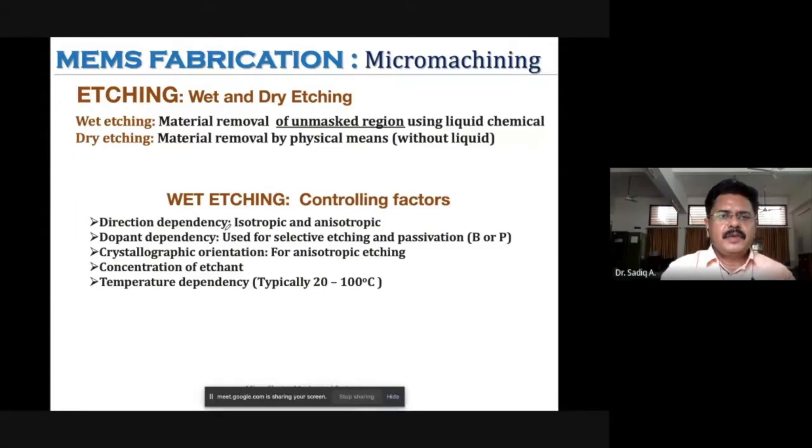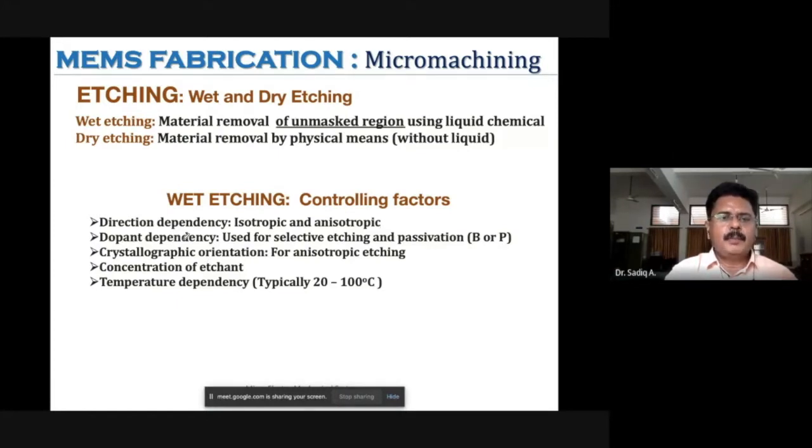When etching happens on the substrate, sometimes the etching happens at an equal rate in all directions, then we call it isotropic etching. Isotropic stands for equal etching in all directions. Whereas if the etching is not happening at a uniform rate in all directions, we call it anisotropic etching. So in the etching process, the direction of etching has a role.